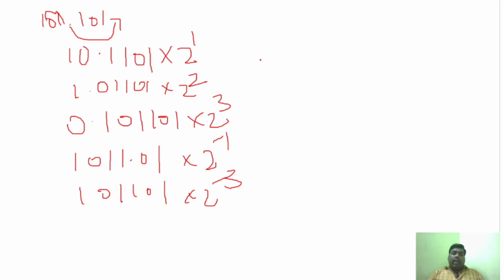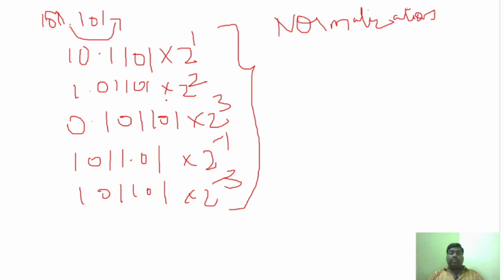But there should be a standard form for this, and that is why we go for something called normalization. To standardize the floating point representation, we go for normalization.